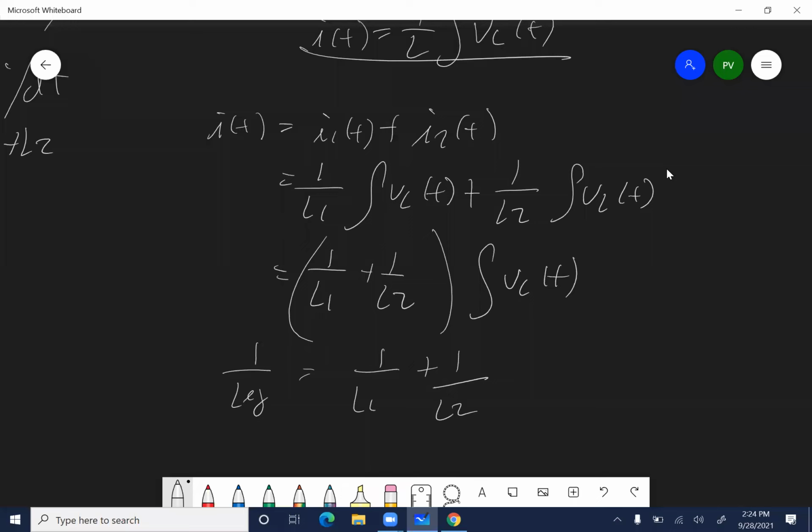Now for inductors in parallel with each other, I'm generating some magnetic field for a given level of current. When I have an inductor next to it, now my current splits off, right? So I've got a certain amount of current, but it's reduced. The amount of magnetic field is determined by the number of turns of wire times the current through it.